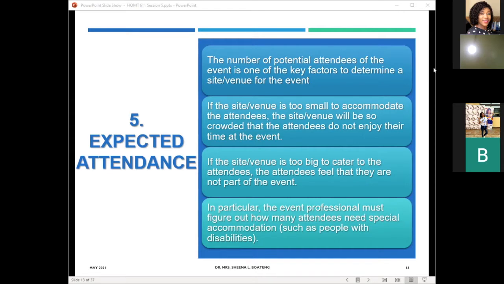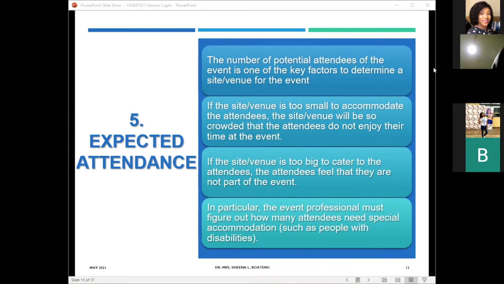Also, in terms of disabilities, if you choose a site that does not consider the disabled, for instance, they do not have ramps for those who will be coming in on wheelchairs to climb over, or they do not have rails that people who are coming in that are blind can use to walk, and you're expecting this caliber of attendees at your event, you'll be in trouble as an event professional, isn't it?